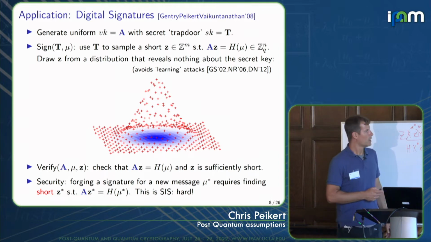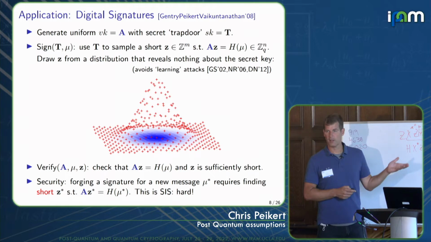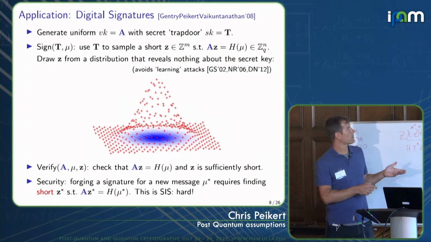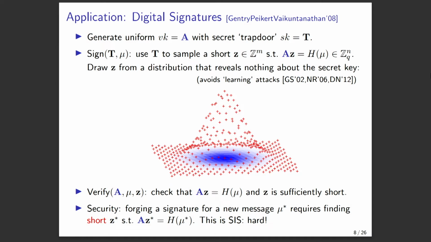Right? But my claim is that this is exactly the SIS problem. Okay? The public key is a uniformly random matrix A. Mu star is new. It's not something that you've seen a signature for before. So when you hash this, you're going to get some uniformly random target vector.